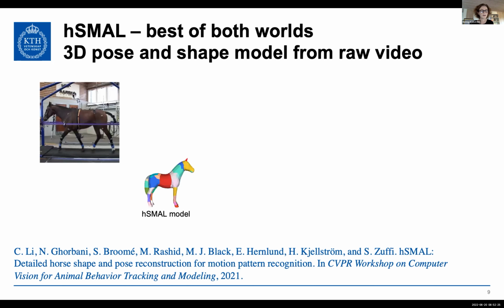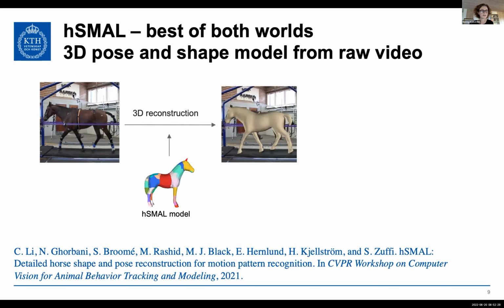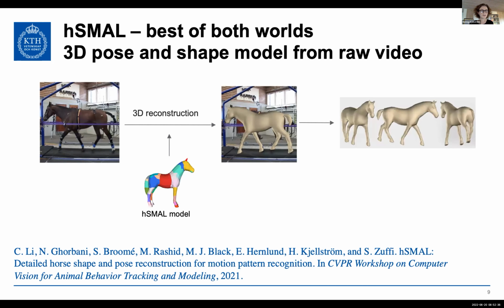So we have the H-small model that we fit to a video and obtain a 3D reconstruction of the horse in the video, which captures as much information as motion capture, and it also captures even more information.